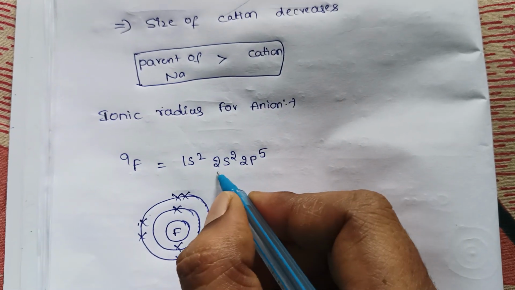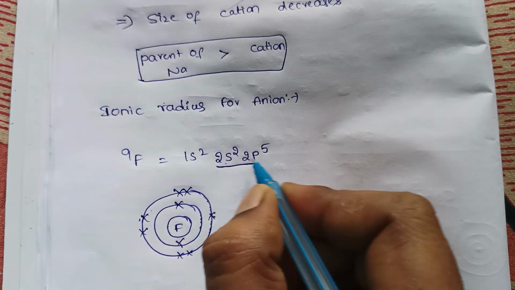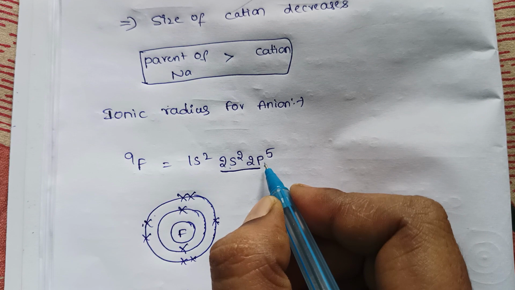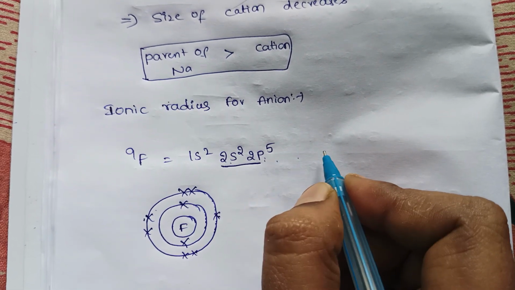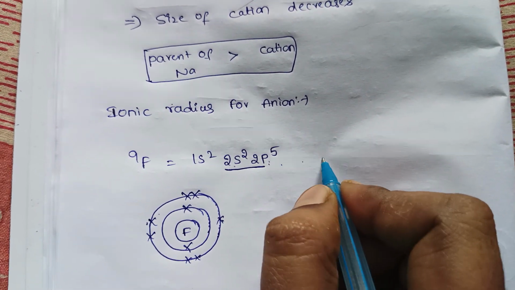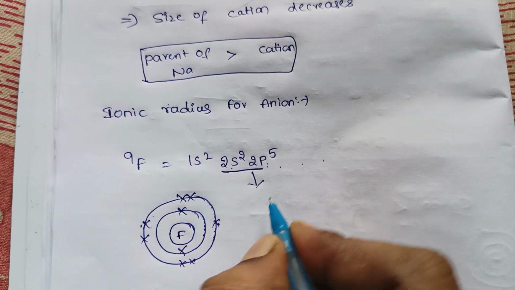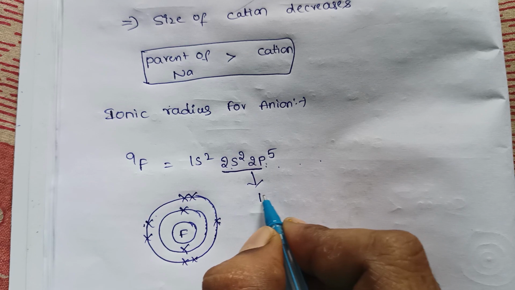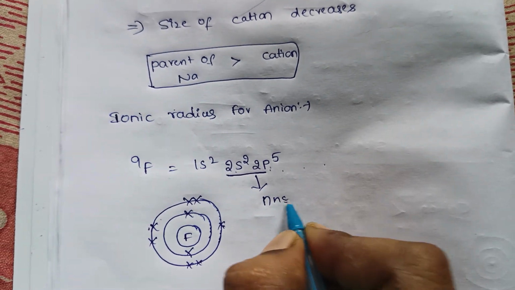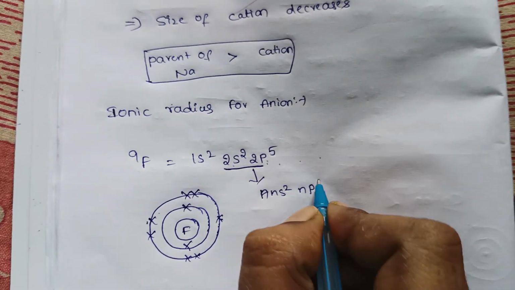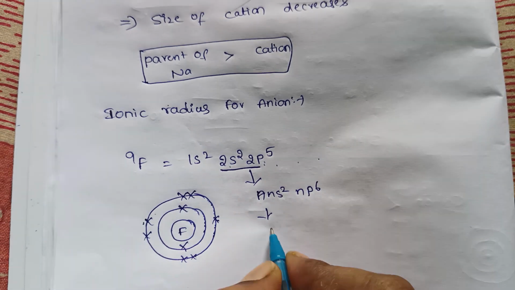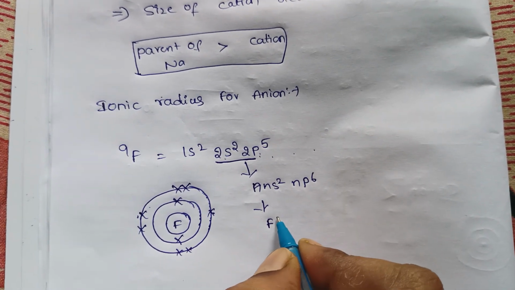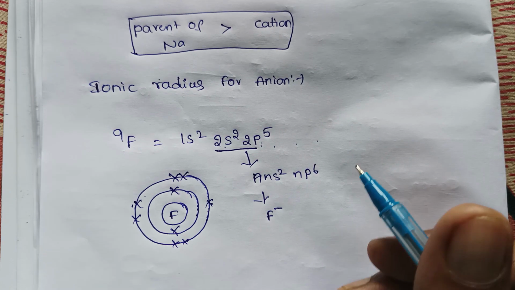Here the outer configuration is 2s2 2p5. It is one electron less than the noble gas configuration. Whenever it gains one electron, it attains the noble gas configuration ns2 np6. So fluorine gains one electron and forms the F minus ion.